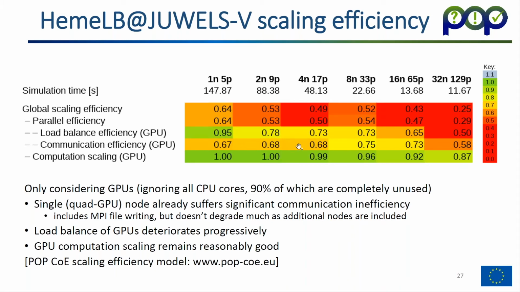The load balance across the GPUs is the major inefficiency. It's not so bad on a single node, but as soon as you start using multiple nodes, it starts to deteriorate, and that's again one of the main factors that has to be addressed to have things scaling to larger scales. Here, this inefficiency is probably also taking into account what's happening in terms of waiting for the CPUs when they're doing file I/O as well.